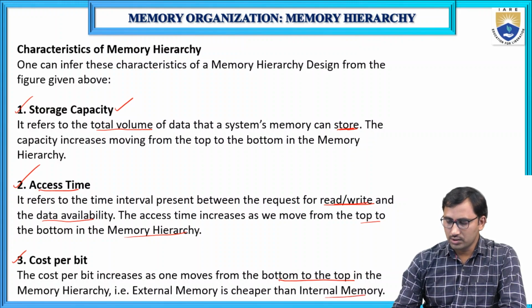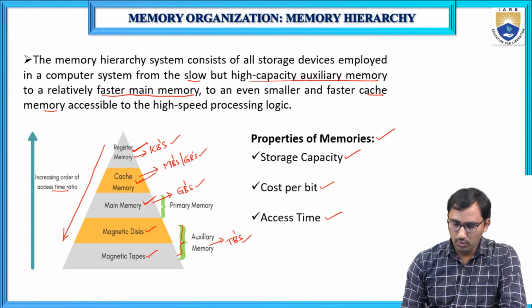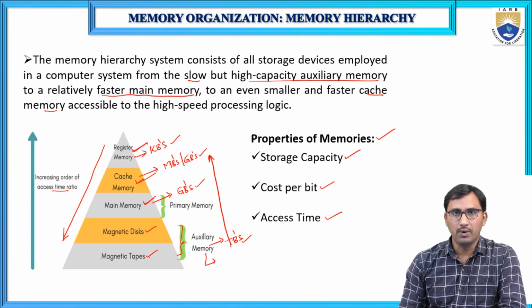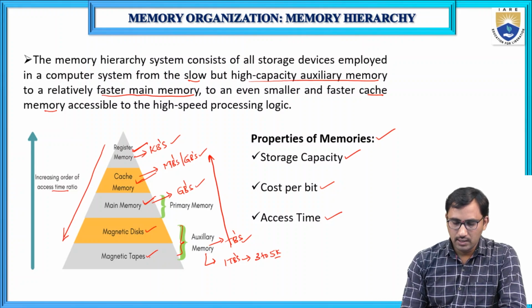The cost per bit increases as we move from bottom to top because auxiliary memories are very cheap. Suppose 1 TB of hard disk is available for around 3 to 5 thousand, whereas main memory is available in gigabytes.